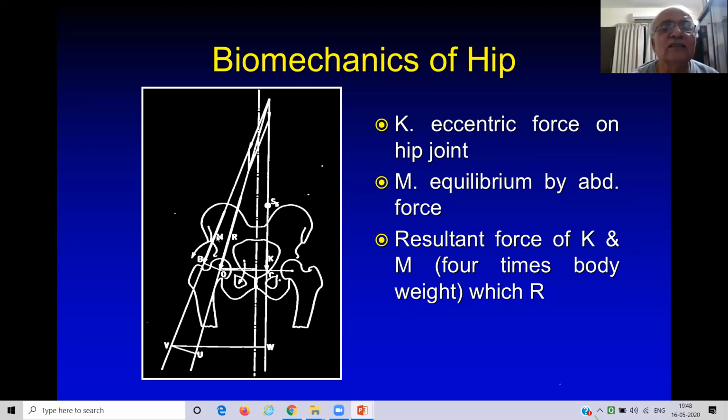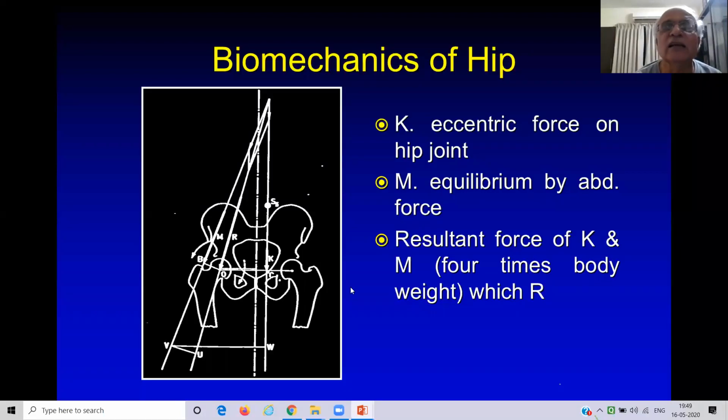So this is called M. M is nothing but the equilibrium maintained between the body lever arm and this magnitude of abductor. Now there is a resultant between these two. There is a resultant force, and that is called R.